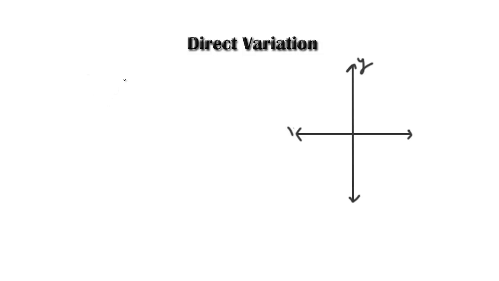Alright, so let's take a look at the graphs of direct variation equations. If you have k greater than 0, so your equation is in the form of y equals kx, we know it's a direct variation equation, and we want to know what the graphs look like for it.